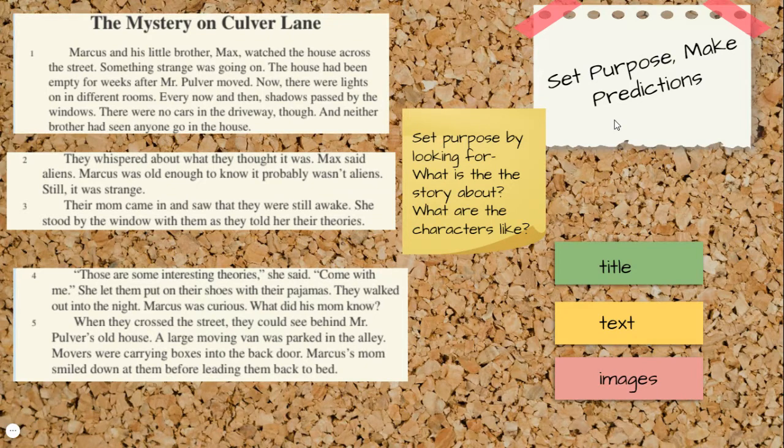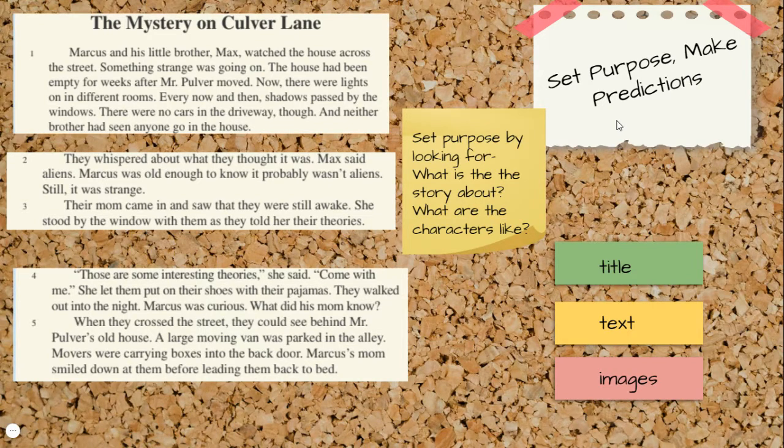Were your predictions correct? To confirm our prediction, we find evidence in the text that tells us if our prediction was right or if something else happened. What lines in the story tell us if we were right or not? At paragraph 5, they see a large moving van was parked in the alley.